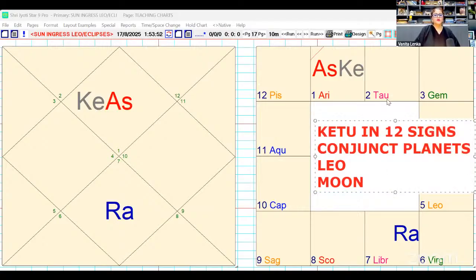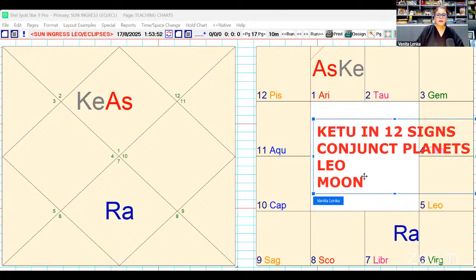Okay. So Leo Moon is about emotional applause, detox, and it is also going to make you very emotionally attached to the family and kids.